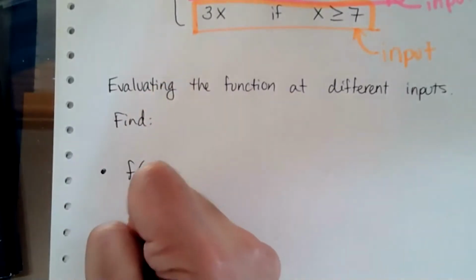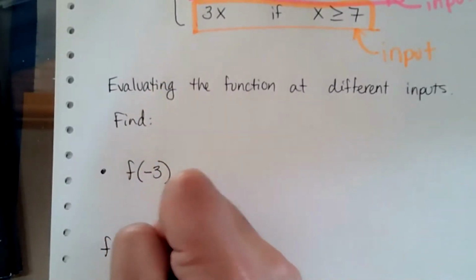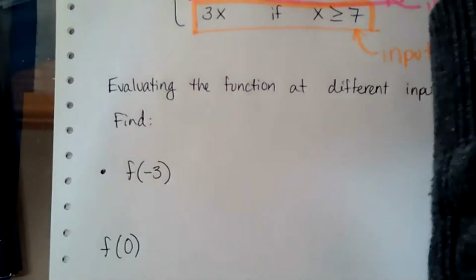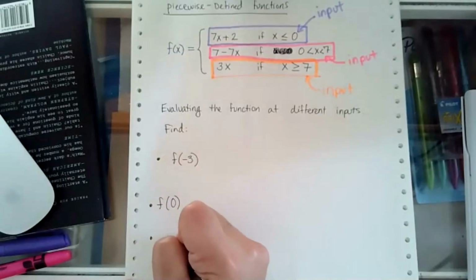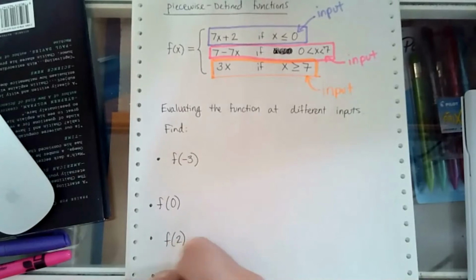We want to find f of 0. I want to find f of 2 and f of 10.